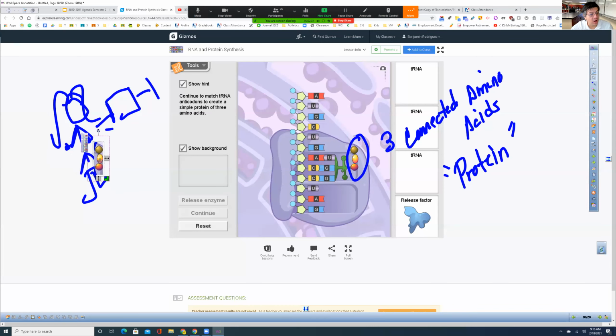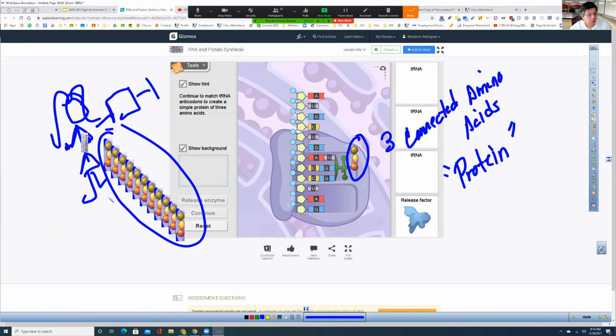And now my parents in their cells can make lots of these. And guess what these proteins are going to do? They're going to help keep my parents alive. How? What do you think they're going to do?